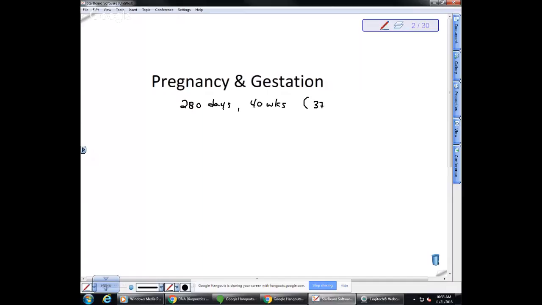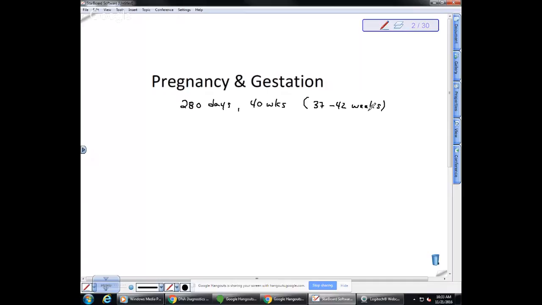Generally it's between 37 and 42 weeks. Now, gestation is measured from the day of your last period, because it's really hard to tell when a female is ovulating, right? So ovulation in humans is hidden. It's really hard to tell.